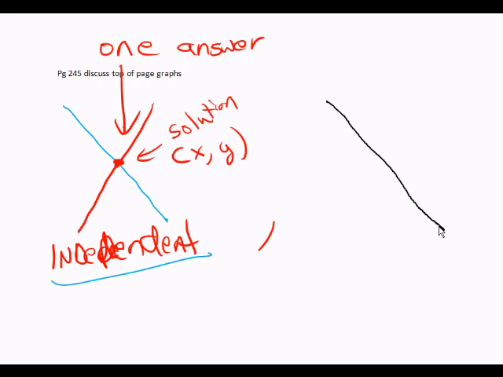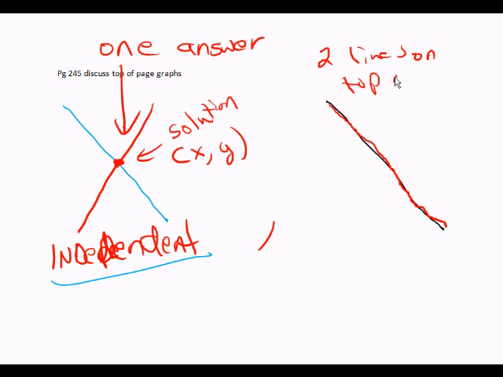Now, the next graph looks like one line, but it's actually 2 lines. It's one line with another line right on top of it. If you look, there's a blue and a red equation right on that line.